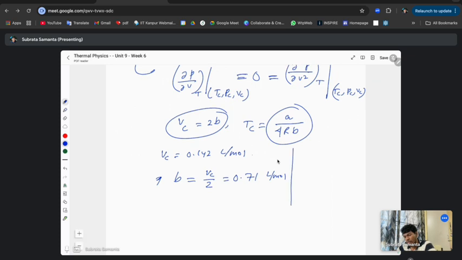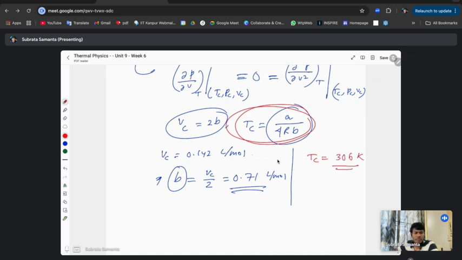And once you know the value of b, we can use this equation, because Tc is also given. The value of Tc is 306 Kelvin, which is also given in the problem. So you can calculate the value of a.